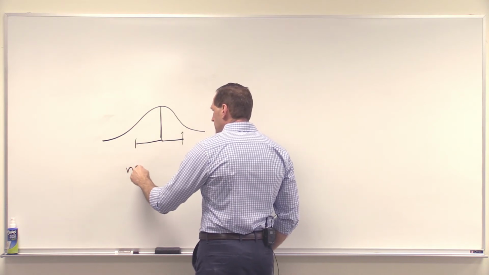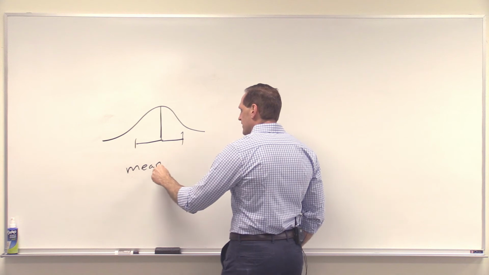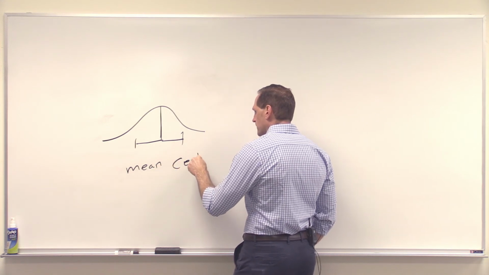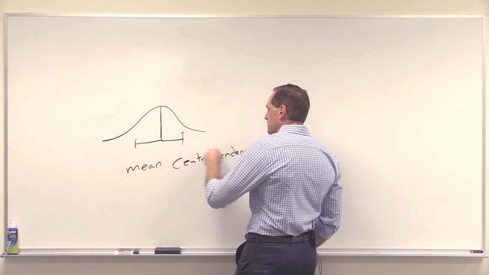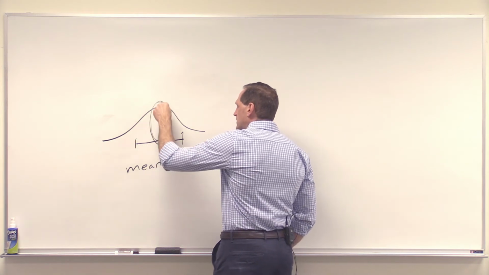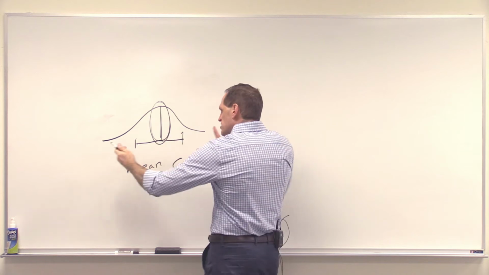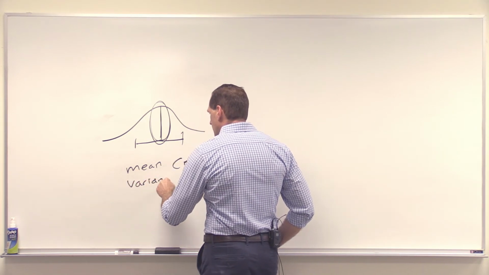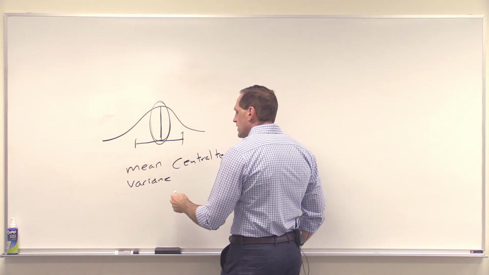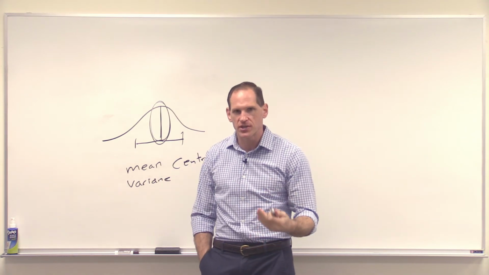So the mean is what we call central tendency. Where do our measurements tend to be collected? They tend to be collected here, but there's also a spread, and that is a measure of variance. And the variance measure that we're going to use in this case is called standard deviation.